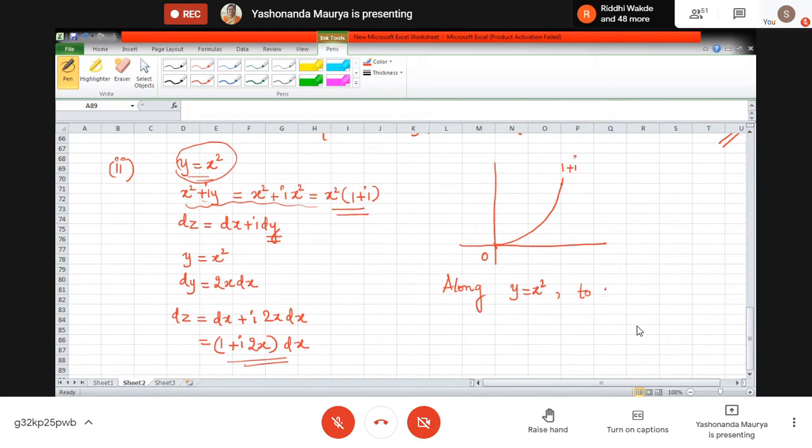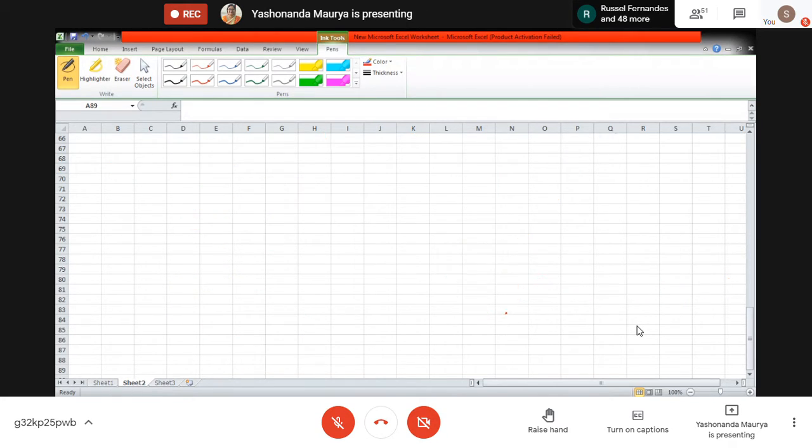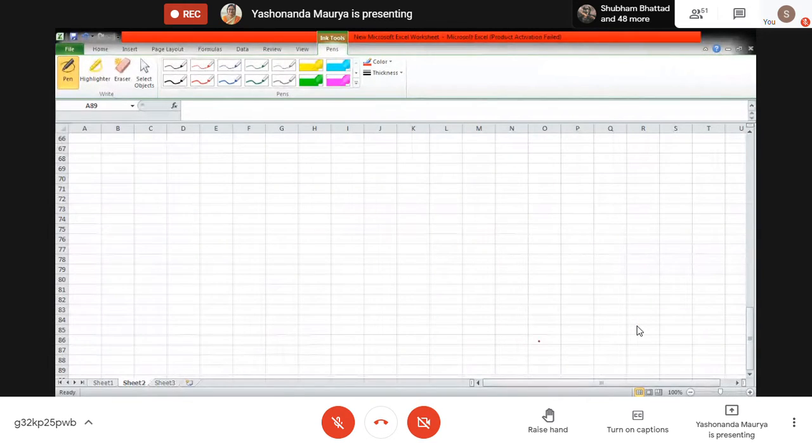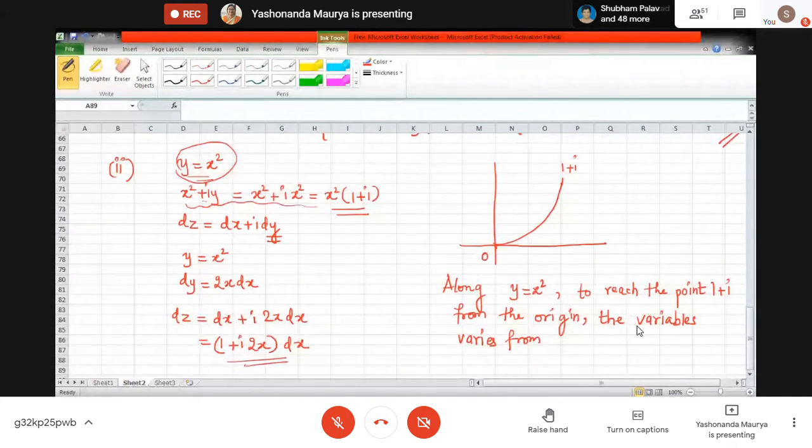To reach the point 1 plus i from the origin, we need to identify what is the variation for x. From where to where does it vary?